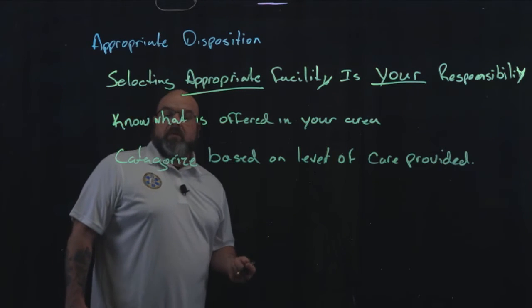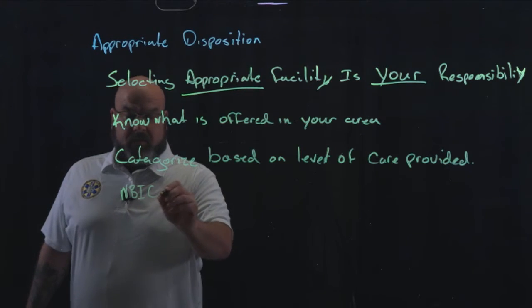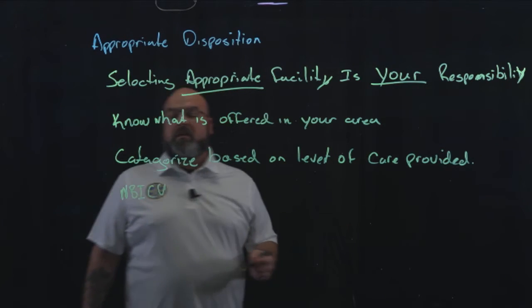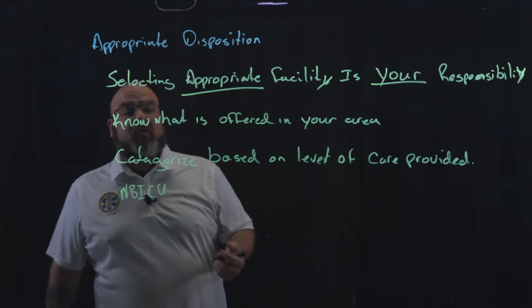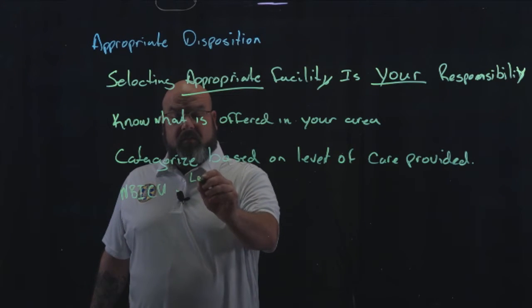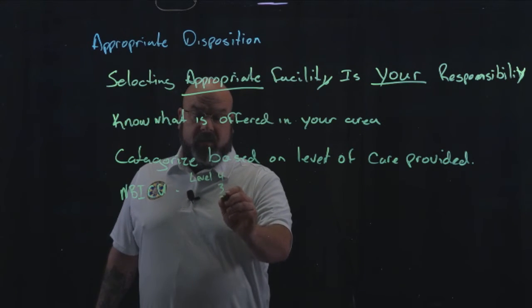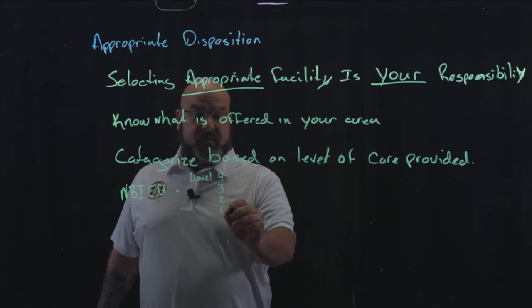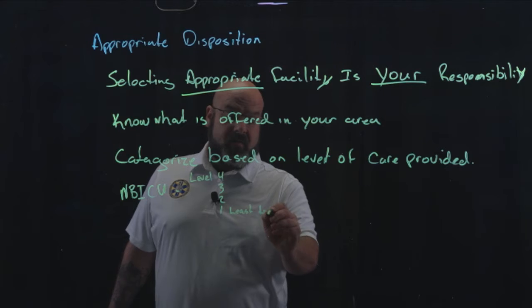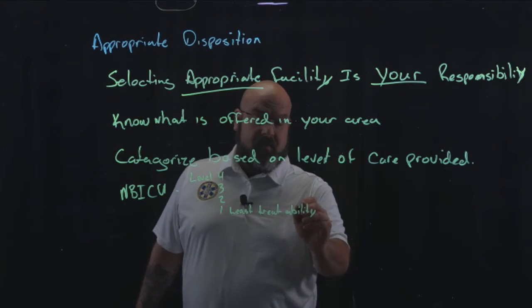So in NICUs, NBICUs, not that many of us will have much to do with an NBICU, but you may have a transport. Levels 4, 3, 2, 1. This is the least treatment ability to the highest level.